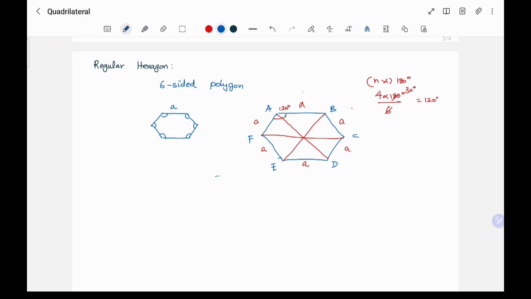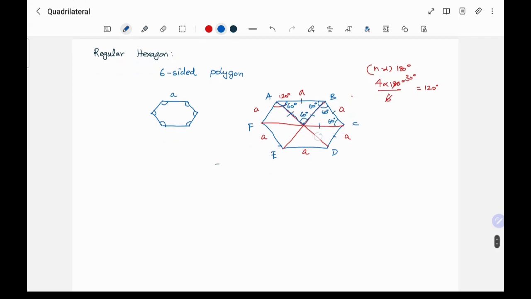This main diagonal will divide it like an angle bisector, so each angle will be 60 degrees. Similarly for everything. This forms a triangle, if you see. If two angles are 60 degrees, the third angle is also 60 degrees, and it forms an equilateral triangle. So everything is an equilateral triangle.